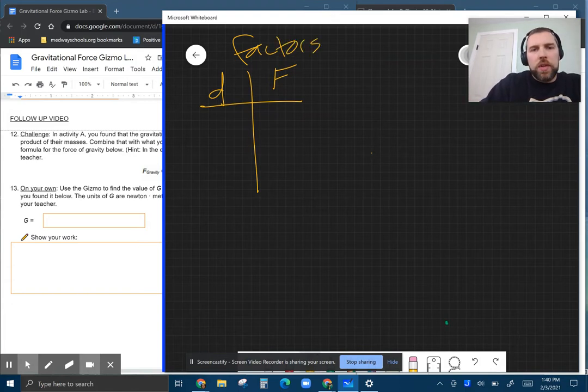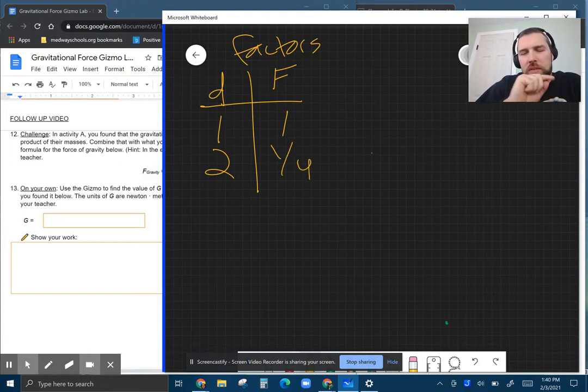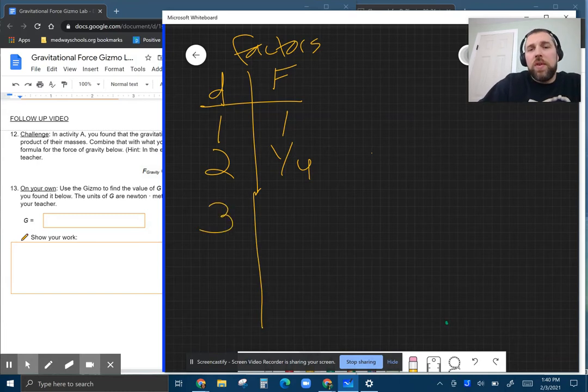We're looking at when the distance was original, if you started at 1, as soon as we double the distance, it didn't halve the force like you might think. It was actually 1/4 of the force, which is interesting. When it was 3 times as far away, it wasn't 1/3, it was actually 1/9 as much. It drops off pretty quickly. 4 times as far away, it was 1/16.